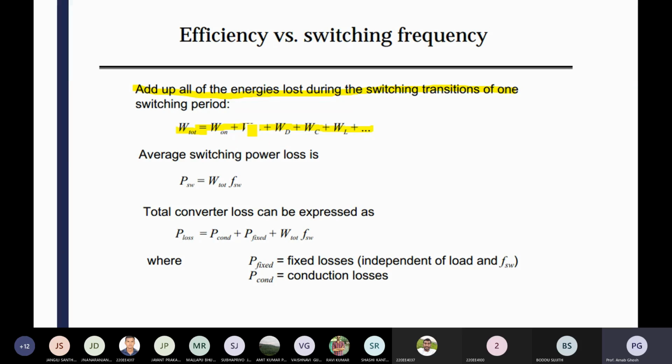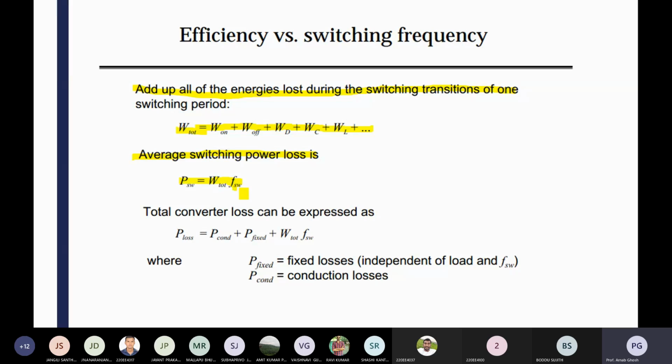Switch on, switch off, all the losses are there. For average switching power loss, after averaging all those losses over the cycle, you get W total by T SW, and 1 by T SW is FSW. So the total switching power loss PSW equals W total into FSW.